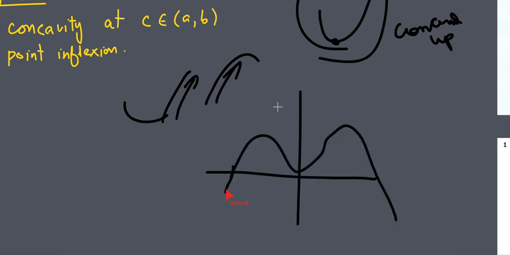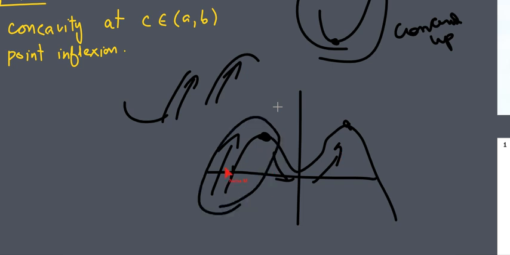Okay, that's the function. So when the concavity changes from down to up, that's called concave up. This can also be a cup-shaped curve. This is also increasing when the function is going up.